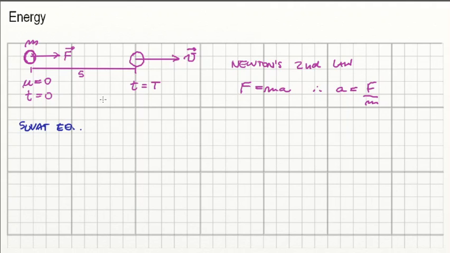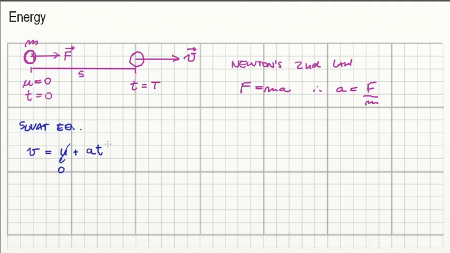So the first one, let's try to find something for the speed. Take a look at this equation here, v equals u plus at. All of you have seen this one before, and all of you have used it. Now let's just apply what we know. What are the conditions of this particular problem? u here is 0, and we can use the result of Newton's second law for the acceleration.